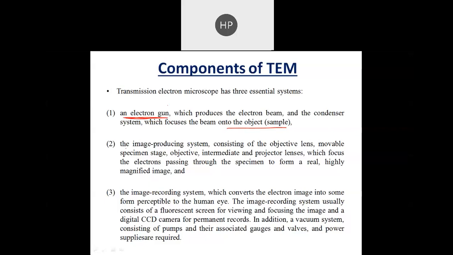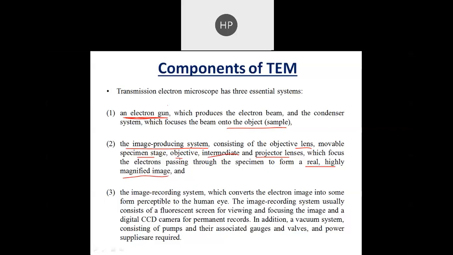Second, the image producing system, which consists of the objective lenses, movable specimen stage, objectives, intermediate, and projector lens. It focuses the electrons passing through the specimen to form a real, highly magnified image.